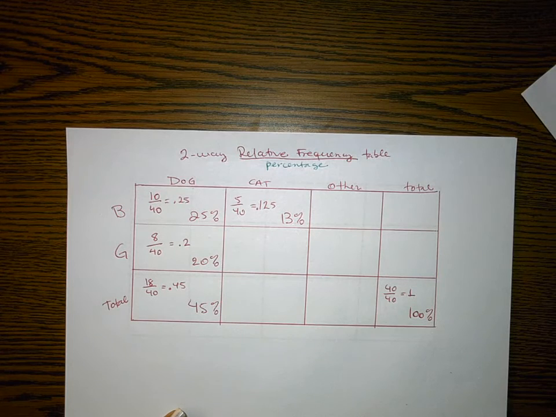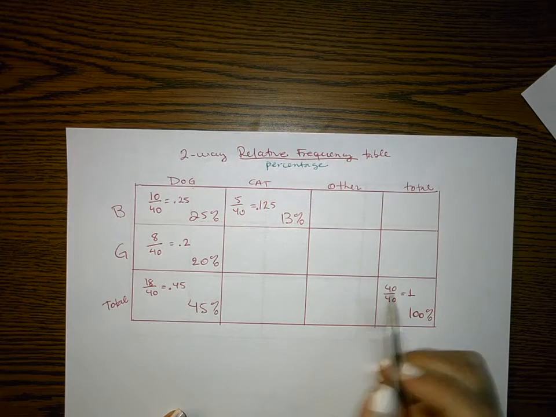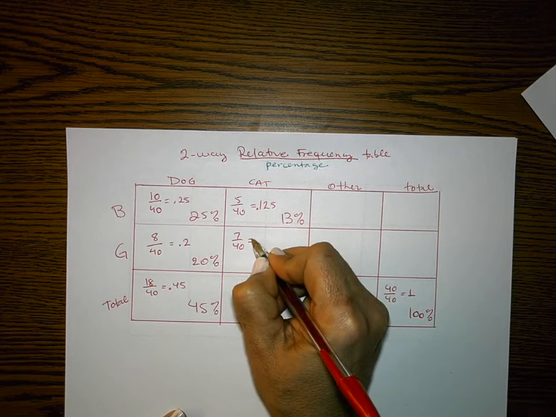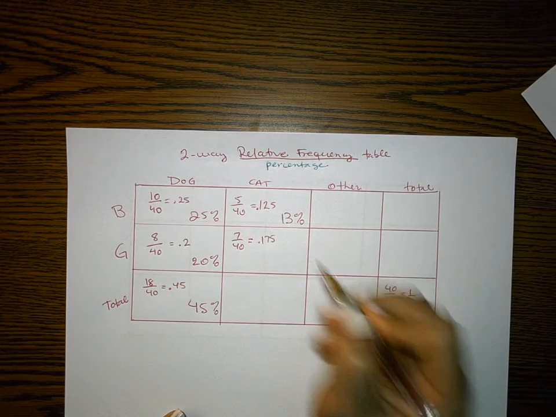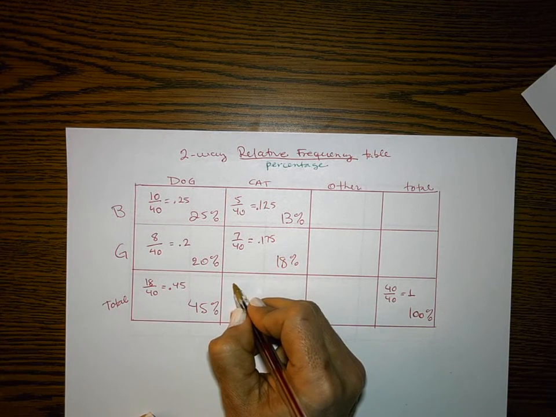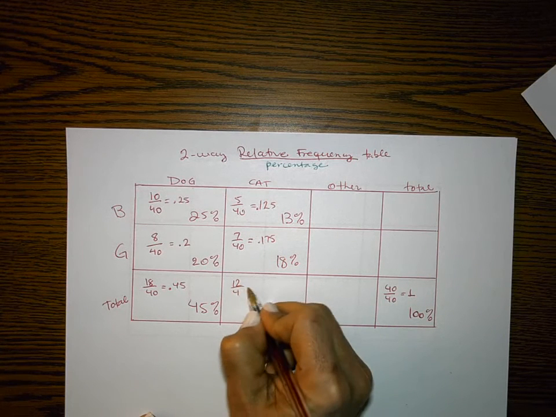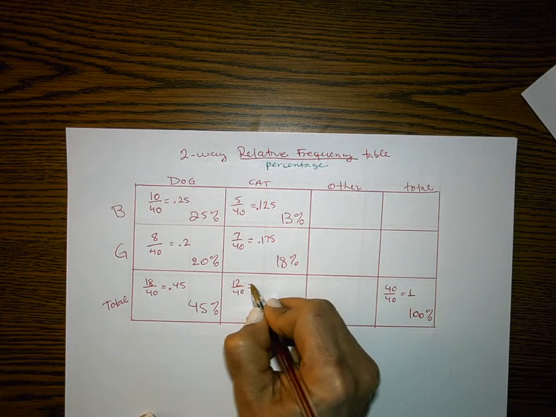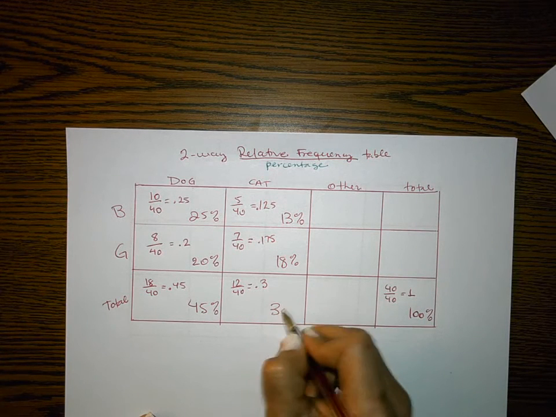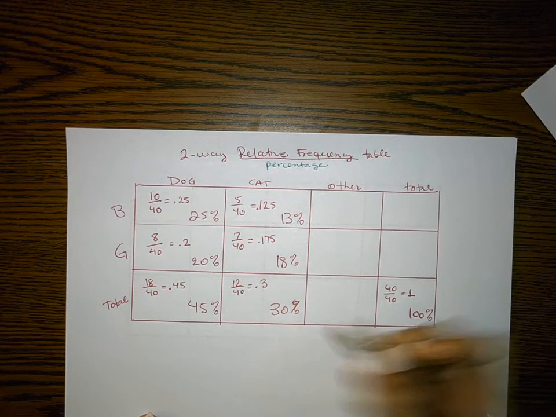Okay, so back to it. So I'm doing 5 divided by 40, then 7 divided by 40, and I got 0.175, which is 18%. And then here should be 12 divided by 40, which is 0.3, and it should be 30%. Now, let's see a mistake I made right here, okay?